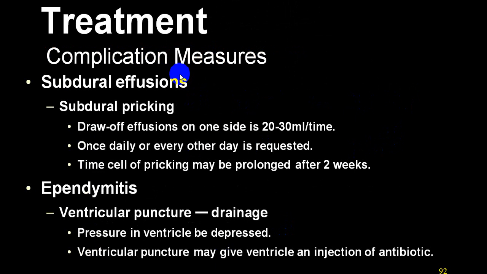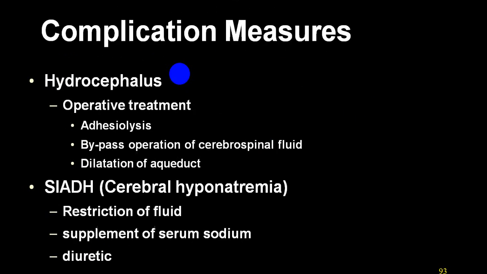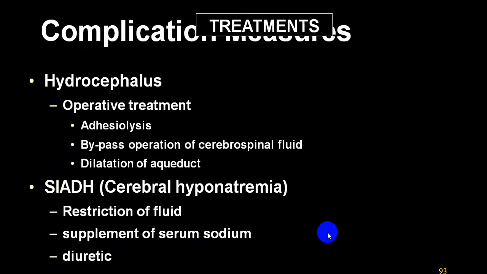Then you might require surgical intervention if the person has developed subdural effusion or ependymitis, where you might require drainage. In case of hydrocephalus, you might require surgical intervention. And if a person has developed SIADH, you might need to restrict fluid, give diuretics, and sometimes even sodium replacement.